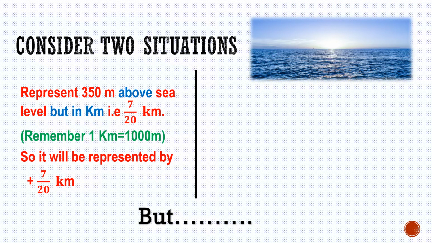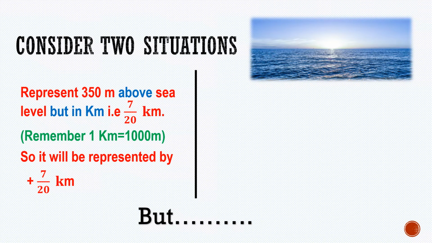Now I don't want to represent the distance above sea level in meters, but in kilometers. If I convert it into kilometers, it is a fraction, which is 7 by 20 kilometers. Now I want to represent that it is above.